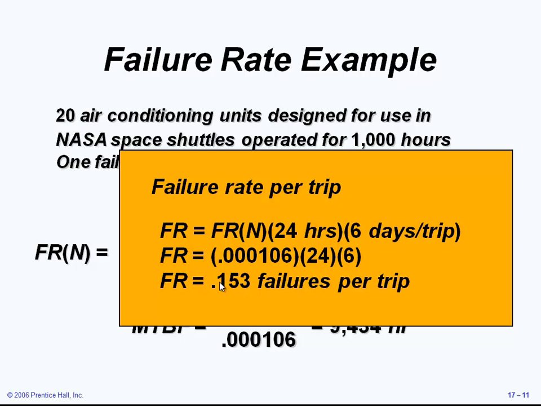So the failure rate per trip will equal the failure rate that we calculated multiplied by 24 hours multiplied by 6 days per trip, and that will equal 0.153 failures per trip.